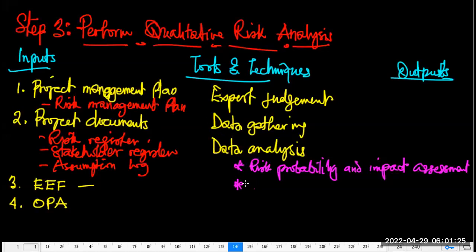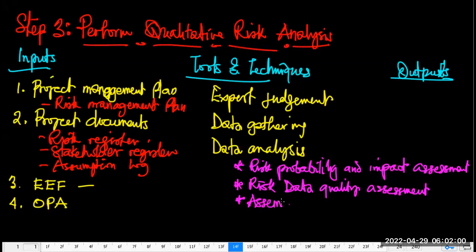So that's one. There's also the risk data quality assessment, how to assess the quality of the risk data you've gathered. And also assessment of other risk parameters.